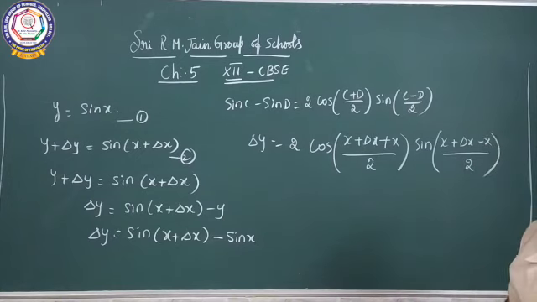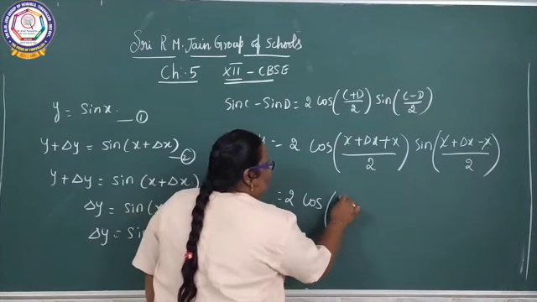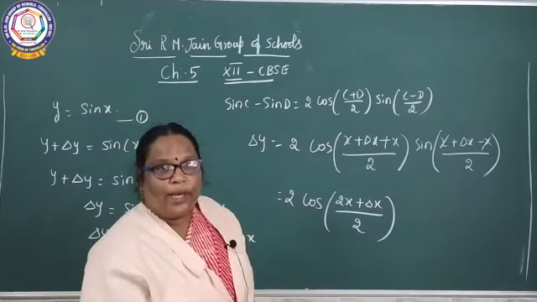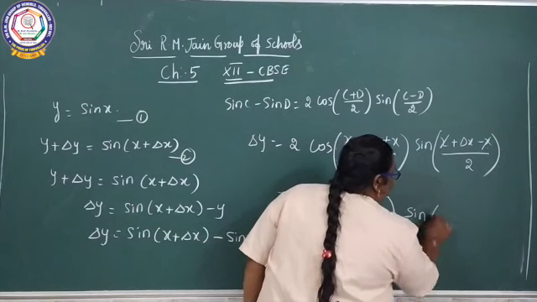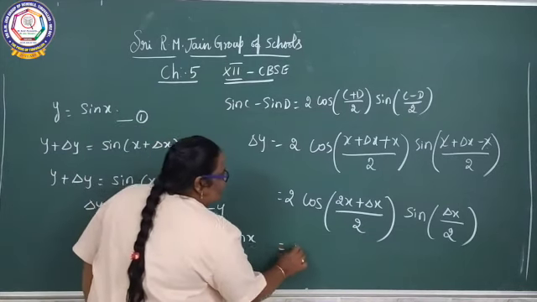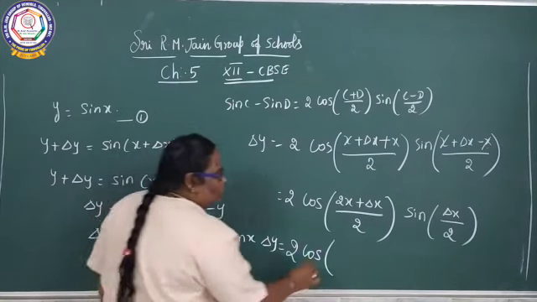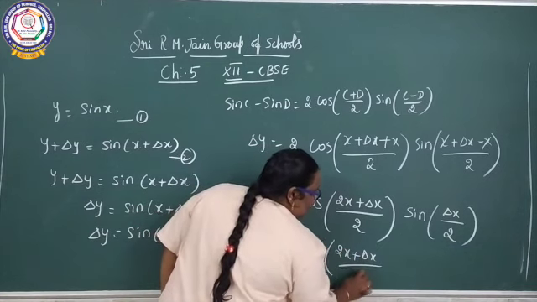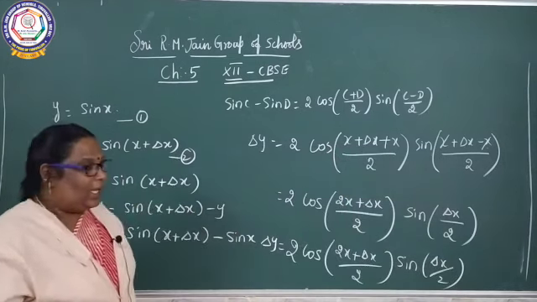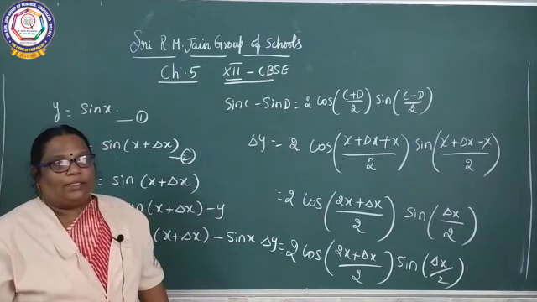The x cancels. So delta y equal to 2 cos of (2x plus delta x) by 2 into sine of delta x by 2.